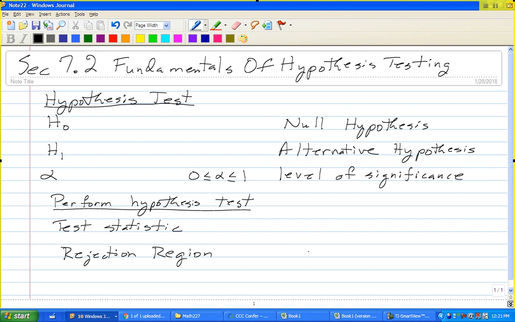This rejection region depends upon your value of alpha, the level of significance, and also on the sampling distribution. The test statistic will depend on the data that you've collected and upon the sampling distribution. This data will be from some sample, and it'll have some sort of distribution.